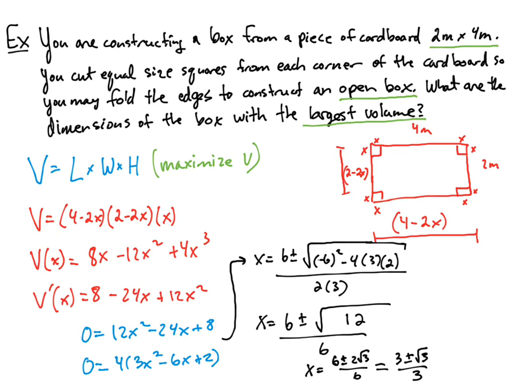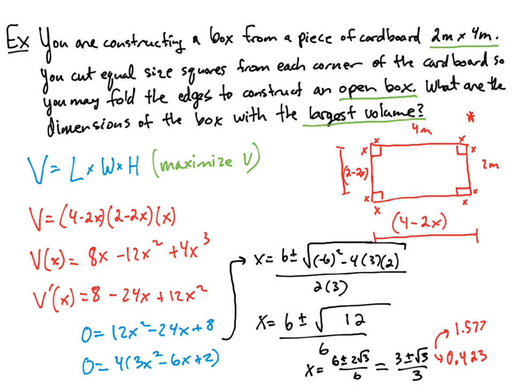I'm going to type both of these into the calculator to get some decimal approximations. The two values I get are about 1.577 and about 0.423. All right, so I have two values, so which one could it be? Well, let's just look up here to the piece of cardboard.